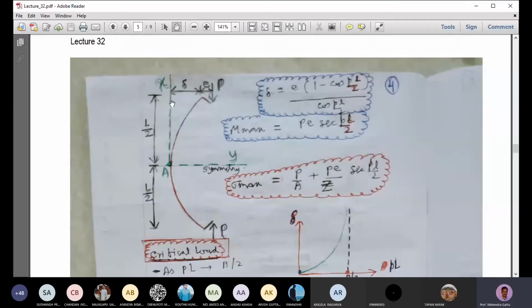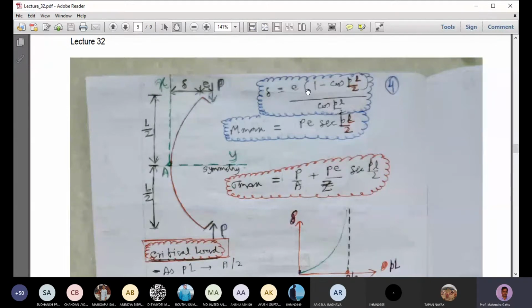So this problem can be treated as a cantilever problem with the length of the column equal to L by 2. The load acting is P, the eccentricity is e, and the deflection at the farthest end, the free end, is delta.